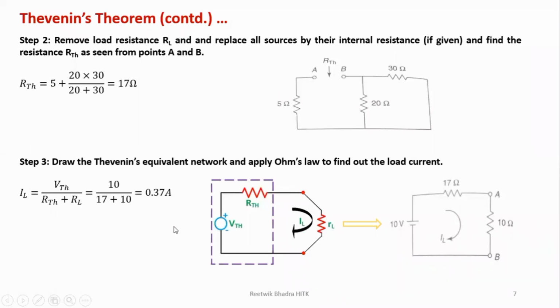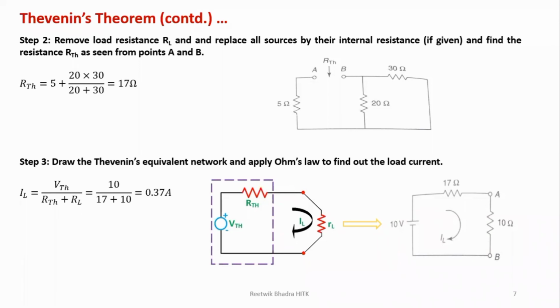Okay. Now, another thing I just want to tell you over here, the last point, is source conversion. I have not made any slides over here, but you can understand from here only. See, what I am saying as source conversion is that a voltage source in series with a resistance can be converted into an equivalent current source in parallel with the same resistance.